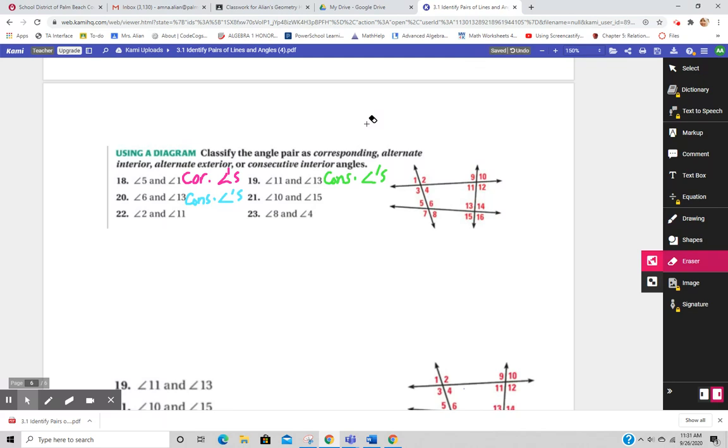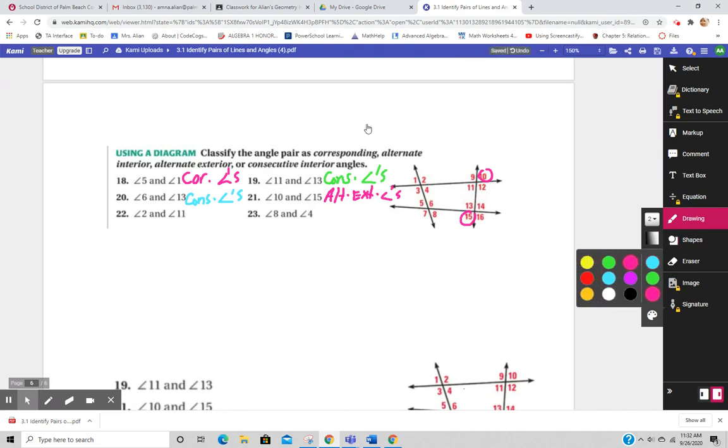Okay, what about 10 and 15? You said alternate exterior angles. You are right. All right, 22. Angles 2 and 11. They're inside these two lines, and they're on opposite sides of the transversal.